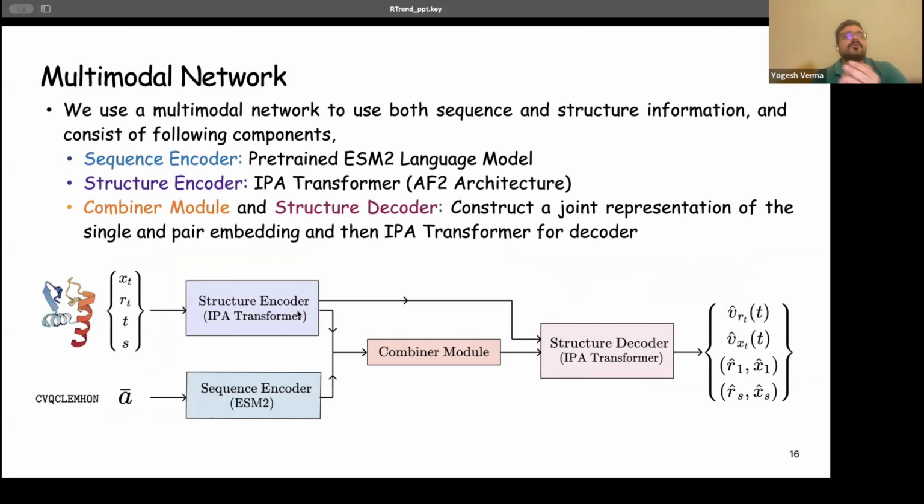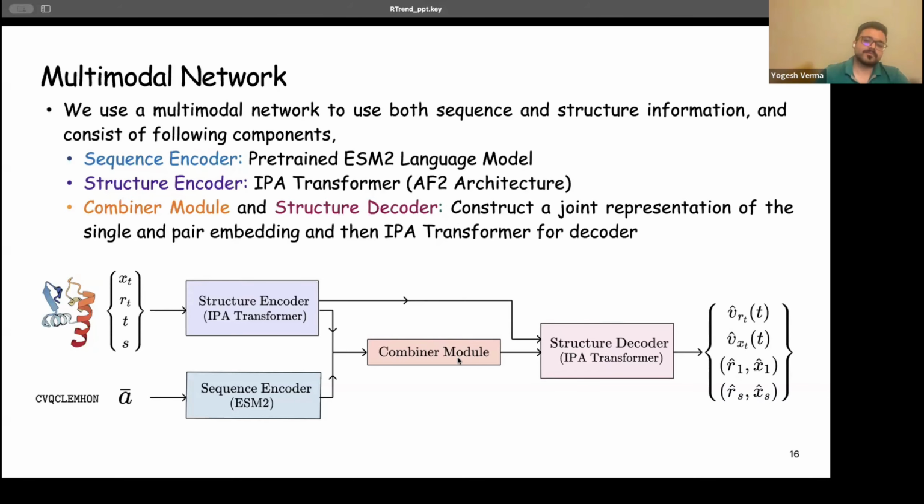We utilize a multimodal neural network architecture to model both sequence and structure information. We want to incorporate sequence information because from a certain linear chain of amino acids there can exist multiple different protein structures. So we use a pre-trained ESM2 language model for the sequence encoding, and the structure encoding is just IPA transformers from the AlphaFold2 architecture.